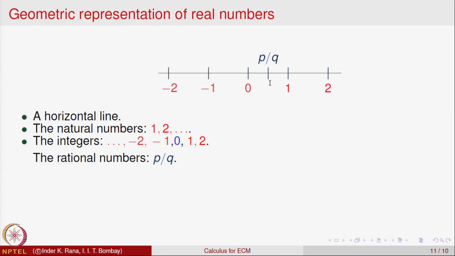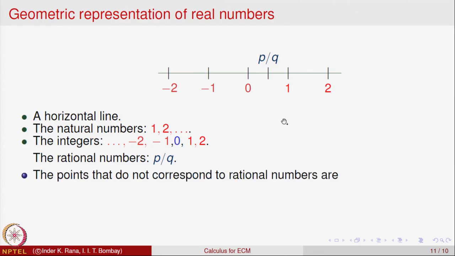So, that means what we do is 0 to 1 is divided into q equal parts, divided into smaller parts, q equal parts, and the pth part will denote p by q. So, that is the fraction, a part of 1 over q, the unit divided into q parts and the pth part.